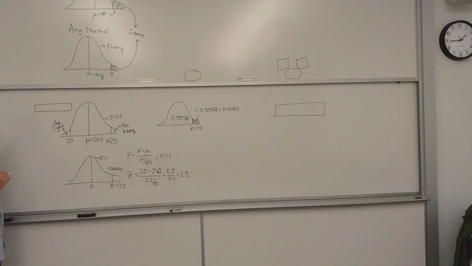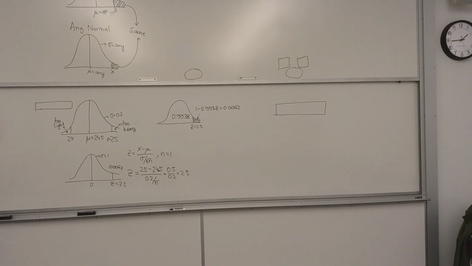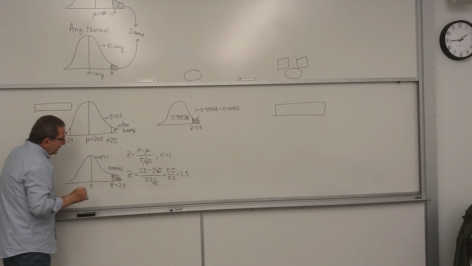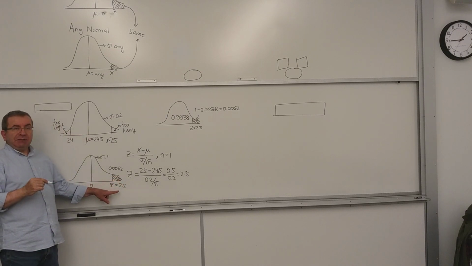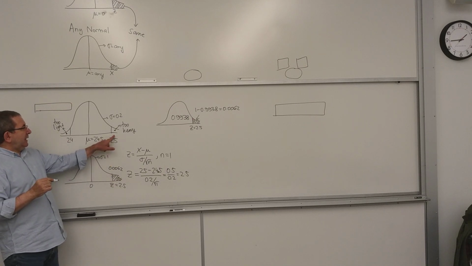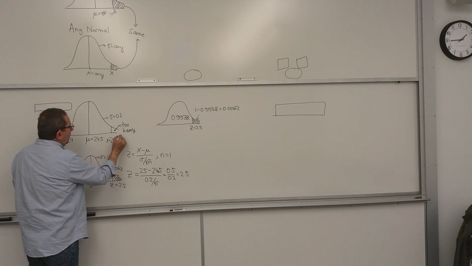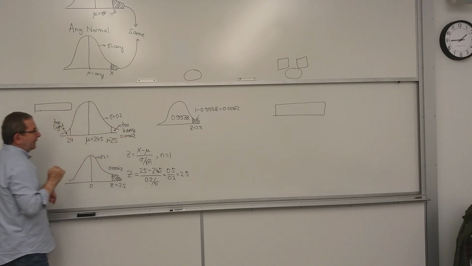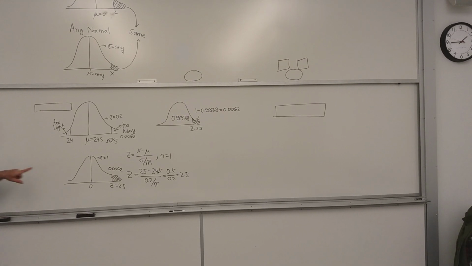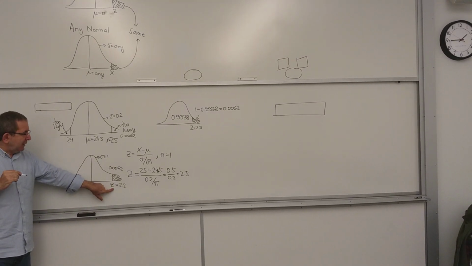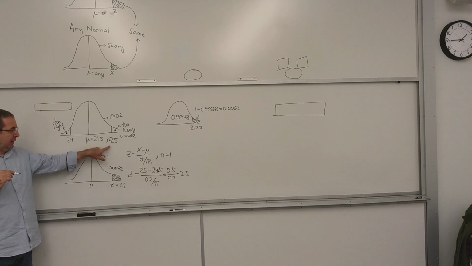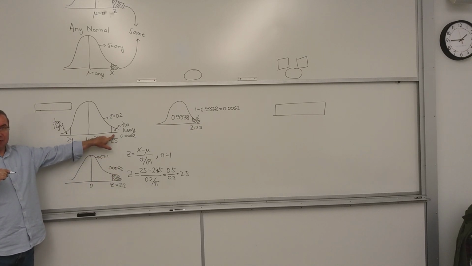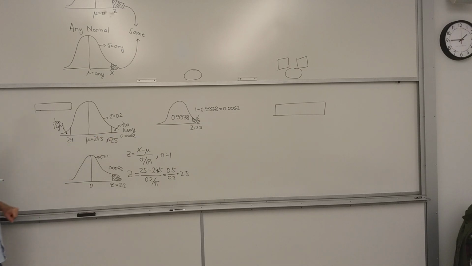So if this tail probability is 0.0062, then this must also be 0.0062, because this z corresponds to this x, and therefore this tail probability will be the same as this tail probability.